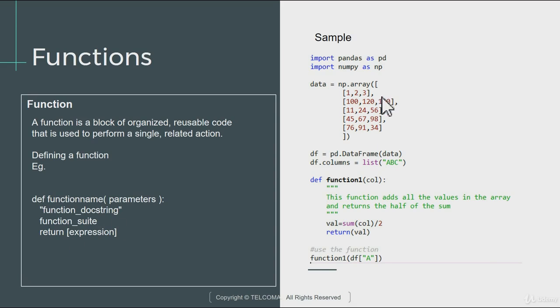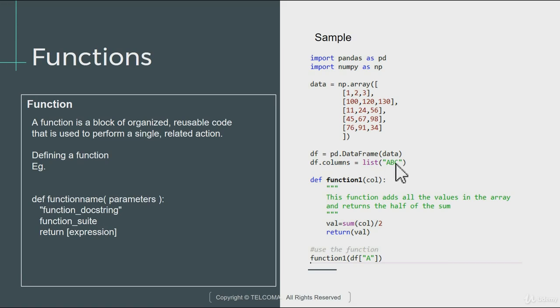Now, I have showcased a simple example over here that is generic for most languages, but I would like to take it to a different level. Let's take a look at this existing example and then we'll move ahead. What I'm doing over here is creating a NumPy array of size 5 rows and 3 columns. That NumPy array is transformed into a data frame which will have the same shape, 5 rows and 3 columns. Then I'm assigning the names to the columns as ABC.